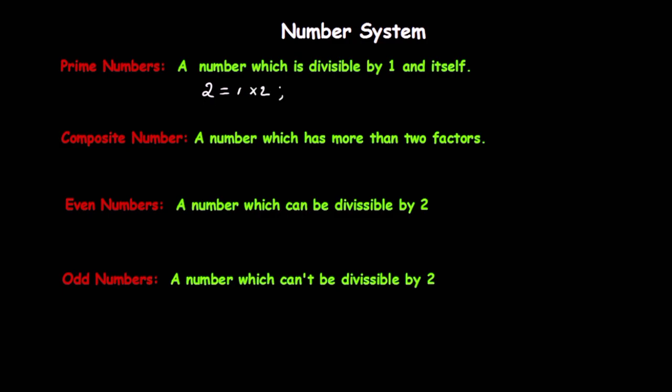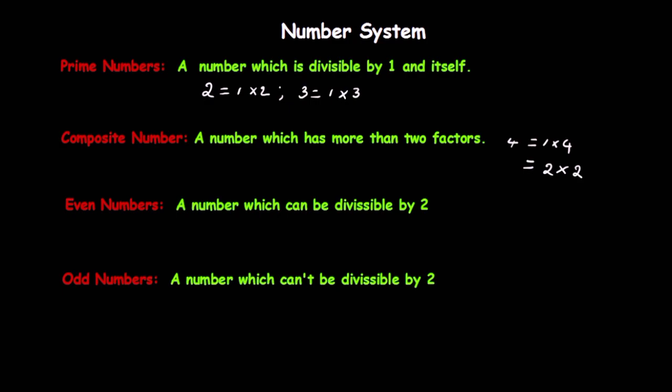Similarly, 3 can be divided by 1 and itself. But for example 4, I am taking the number 4, we can write it as 1 into 4, that means it is divisible by 1 and 4. At the same time it is divisible by 2 also. So these type of numbers are not prime numbers.